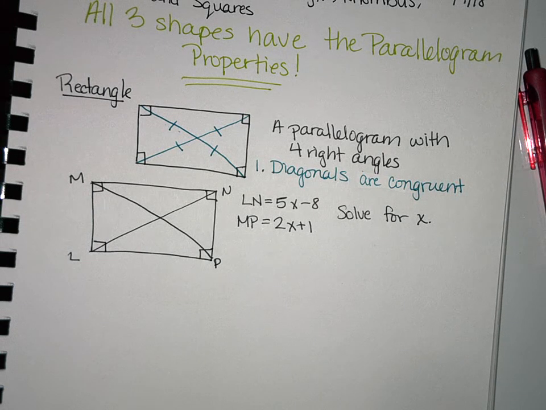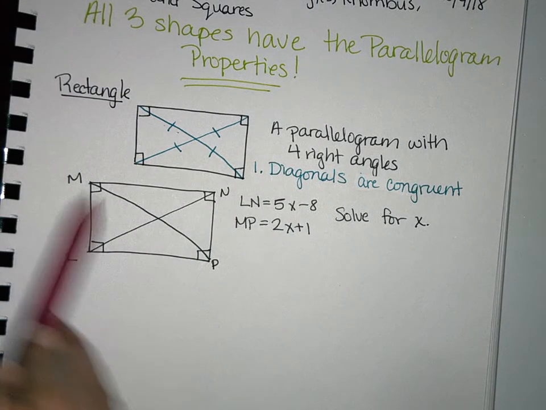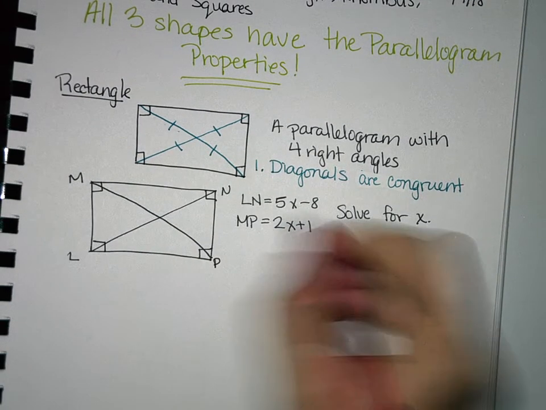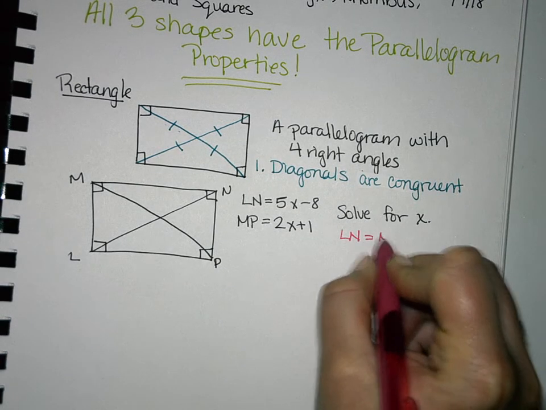You just make them equal 5x minus 8. All right, so LN is the diagonal over here, and MP is the diagonal over here. Using our new property, we know that LN has to equal MP.